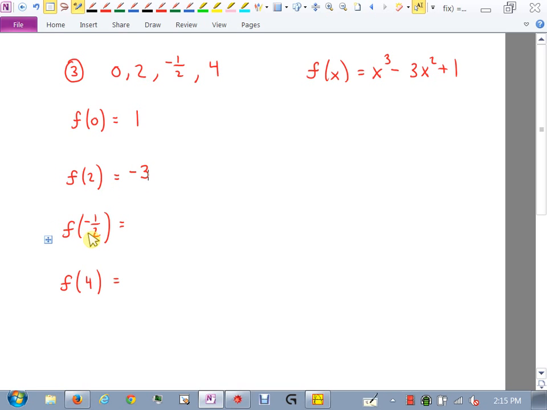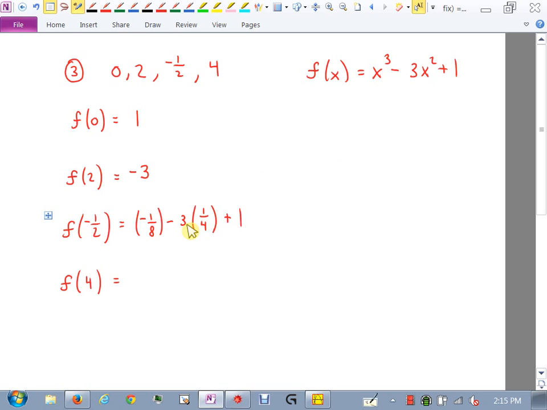What if I plug in negative 1/2? Well, that'll be negative 1/8 minus 3 times positive 1/4 plus 1. So I cubed negative 1/2 and it gave me negative 1/8. I squared negative 1/2 and I got positive 1/4. I add 1.